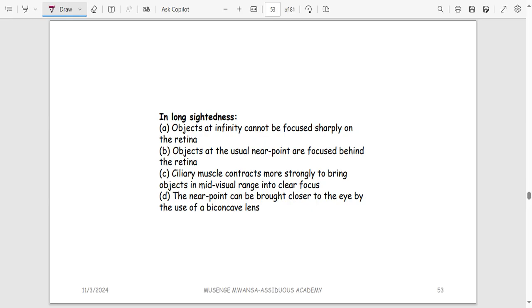Which one can we pick? This is long-sightedness where you are failing to see things which are short, isn't it? Or not things which are short, but things that are near. B. Objects at the usual near point are focused behind the retina.